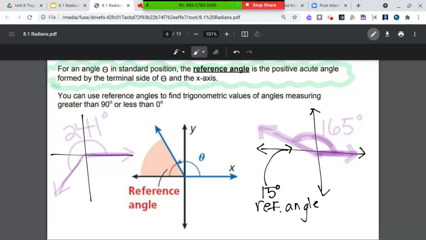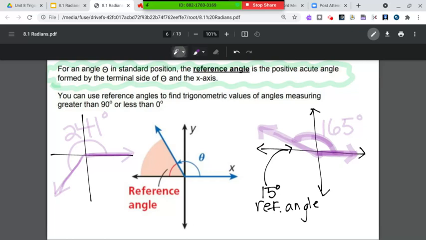If you're at 241, and we know the x-axis is 180 straight, how far are you from the x-axis? 61 degrees.